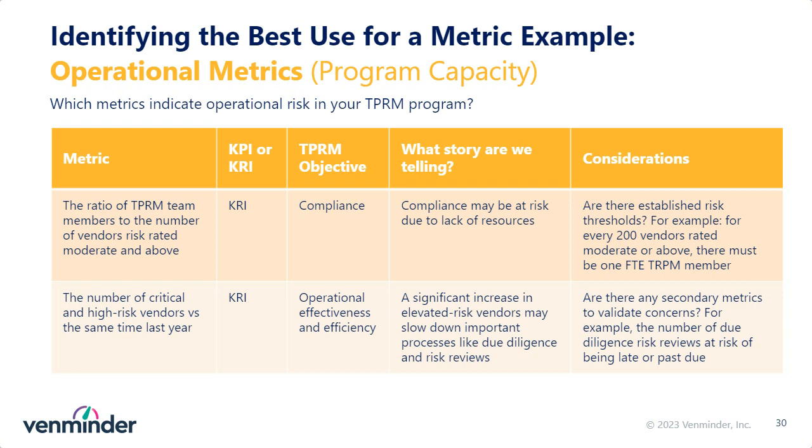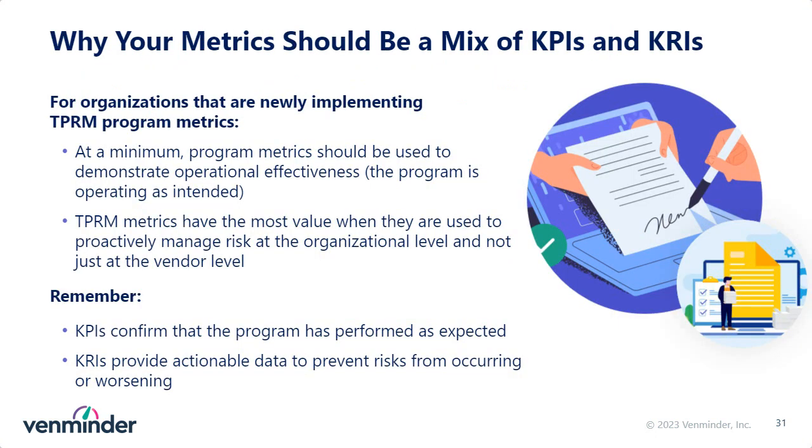So let's check into why your metrics should always be a mix of KPIs and KRIs. When you're first starting out, just doing your metrics for your program reporting for the first time, at a minimum, we need to demonstrate that the program is working as intended. So we are going to have those KPIs.